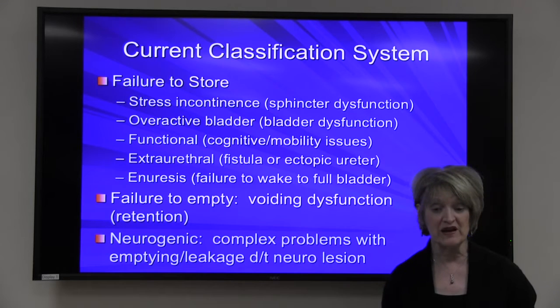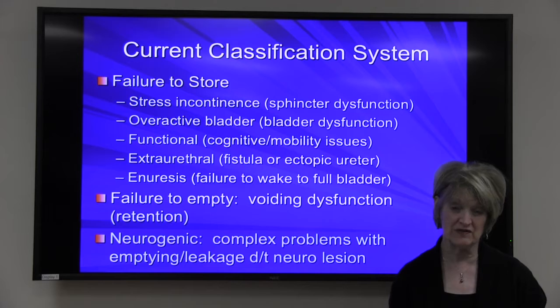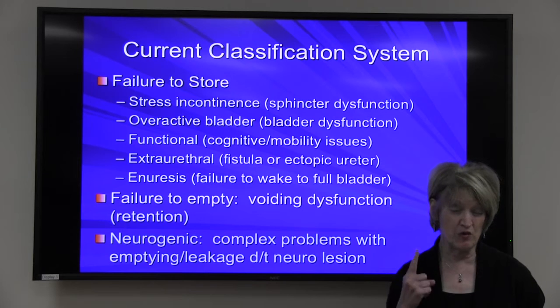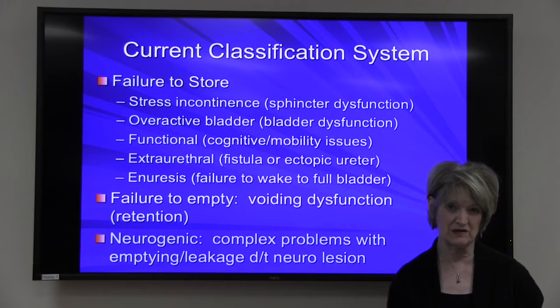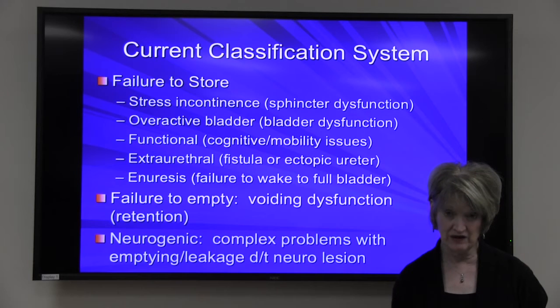There's another type of incontinence due to functional factors. So there are patients whose bladder works normally and whose sphincter works normally. The problem is their brain doesn't work normally, or they have major mobility impairments. If my brain doesn't work normally, then I'm not going to recognize bladder filling.